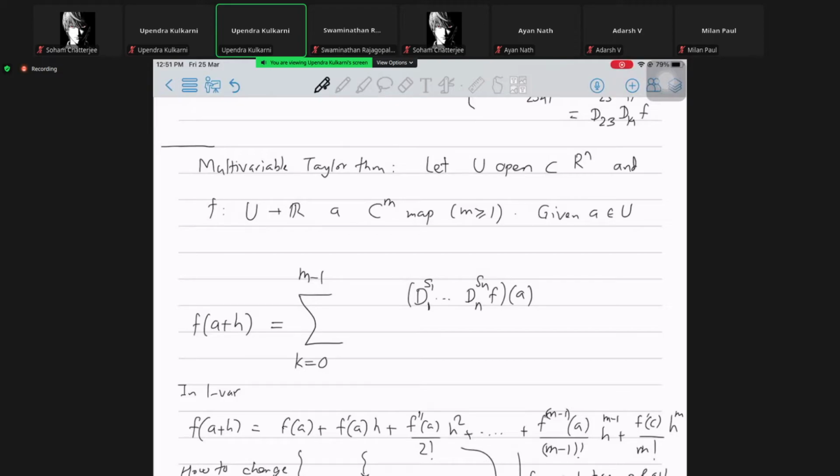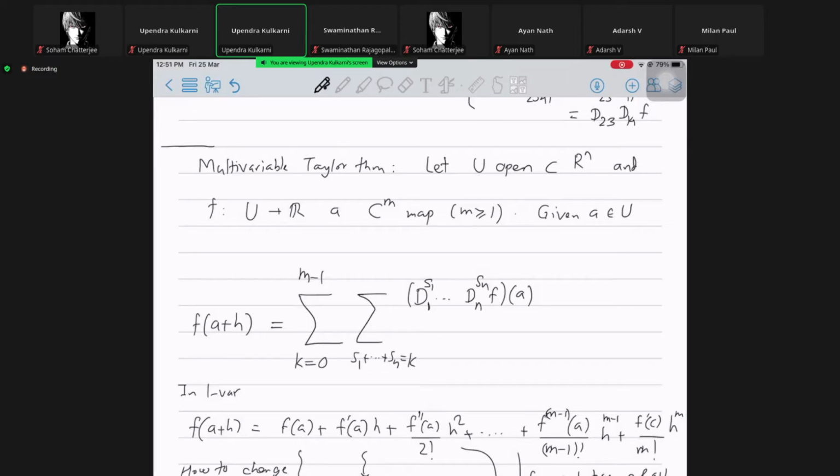So such that s1 plus s2 up to sn equal to k. You see, kth partial derivative is being taken. Now the thing is how many times, so this I have to really divide by k factorial, right? Every time such a term comes, but how many such terms are coming?